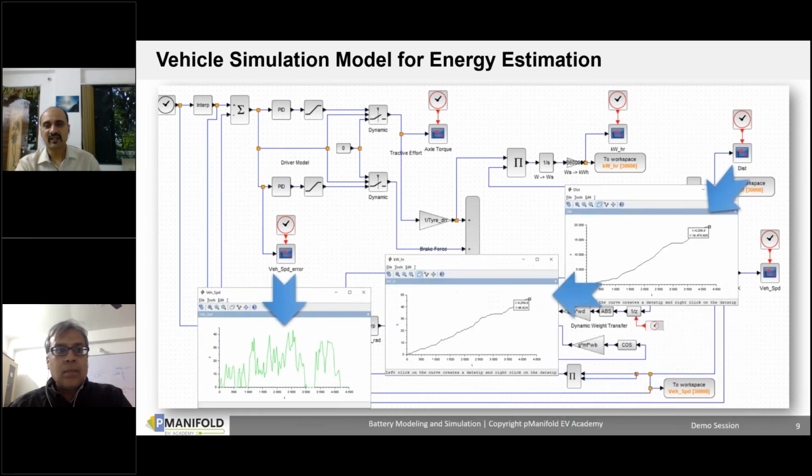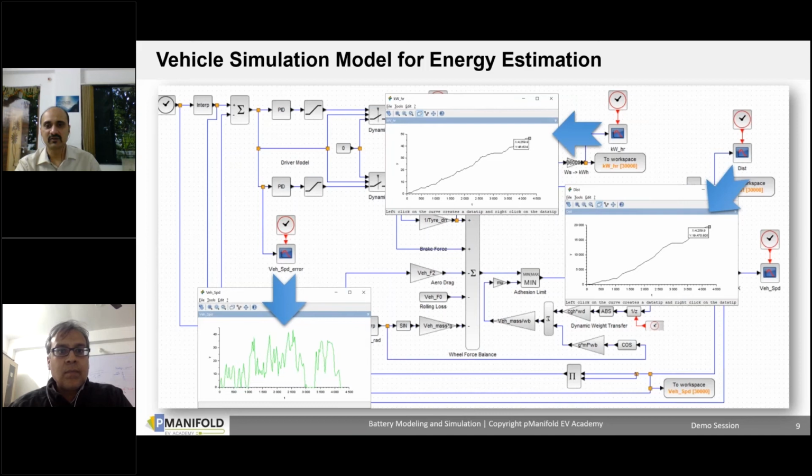So basically, a vehicle model, as I said, would give you the first requirement of energy. The same is true with power, the same is true with life, and so on. How we do it is the way I explained it in the previous slide.